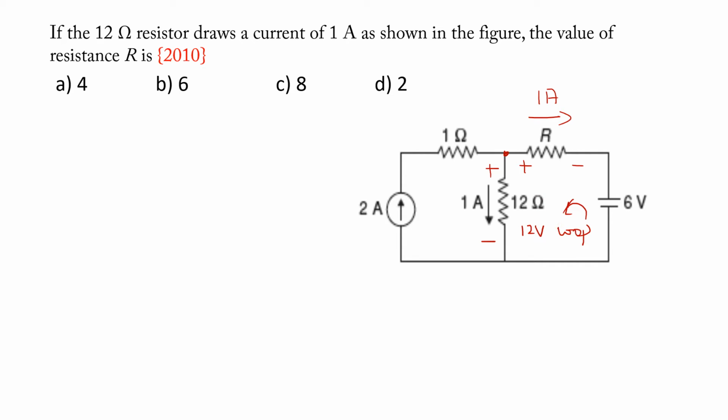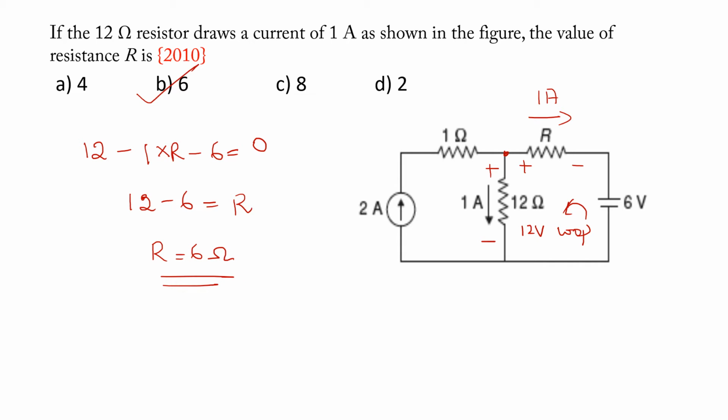So we get -12 minus 1 into R minus 6 equal to 0. So 12 minus 6 is equal to R, or R is equal to 6 ohms. So the correct option is 6 ohms. So the value of R is 6 ohms.